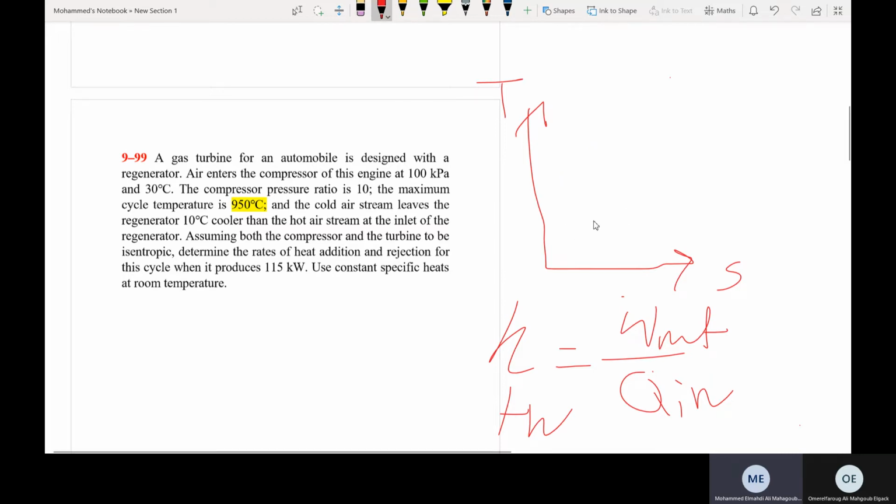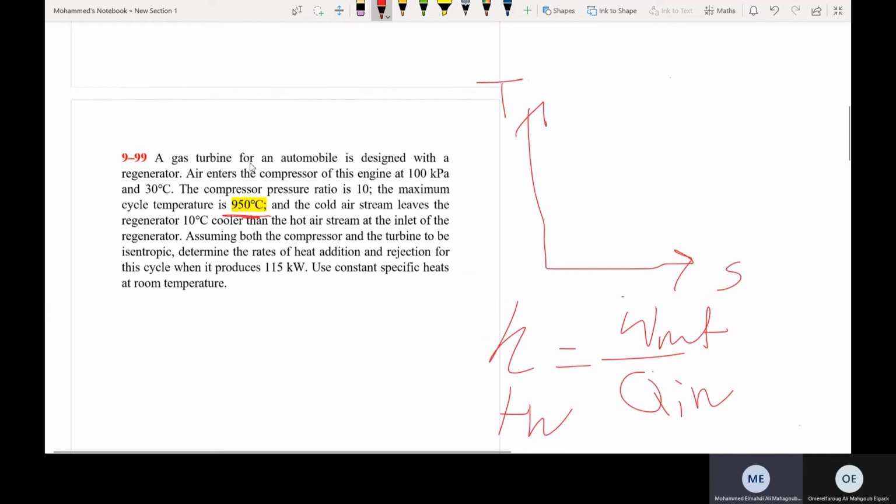But if you want to calculate the regenerative efficiency, we'll find it above 100%, which is something that cannot happen, of course. So I just changed this temperature a bit so you don't get confused by the problem formulation. But again, it's the same thing.